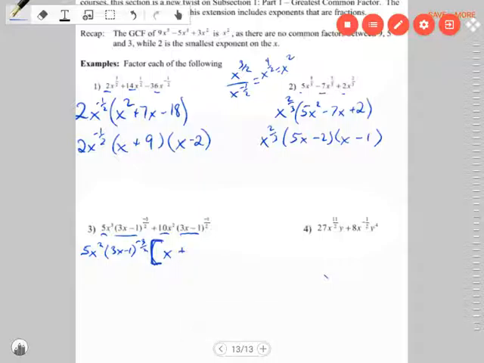Okay, so then we've got the plus sign. So 10x squared divided by 5x squared, that is just a 2. Okay, and then 3x minus 1 to the negative 1/2, and we took out negative 3/2.